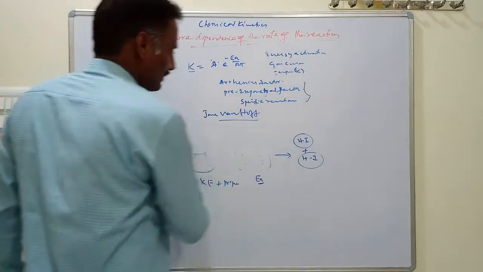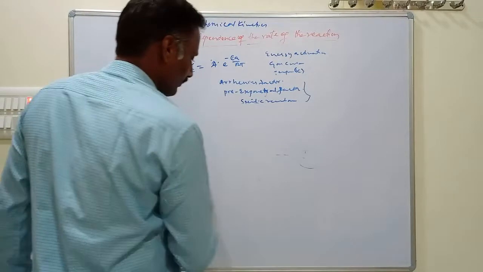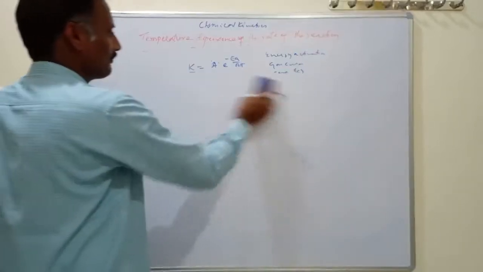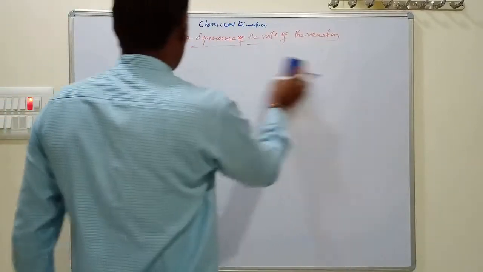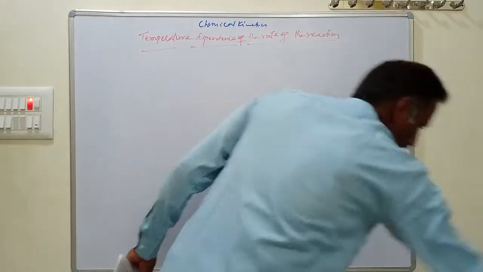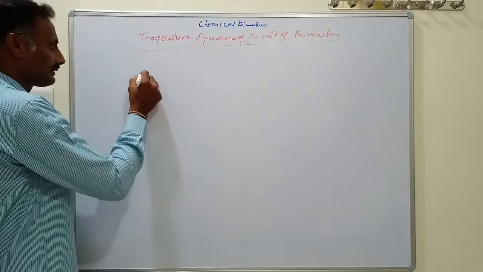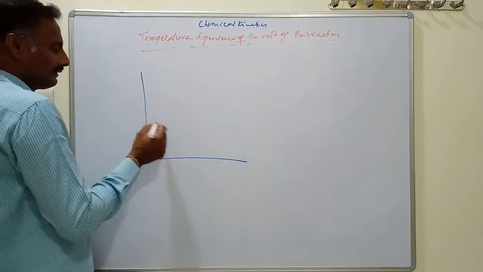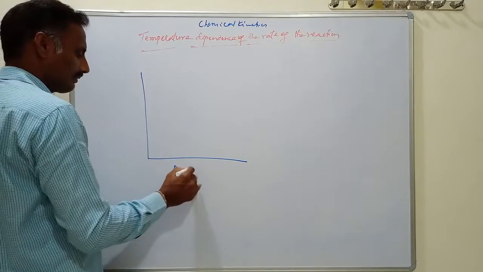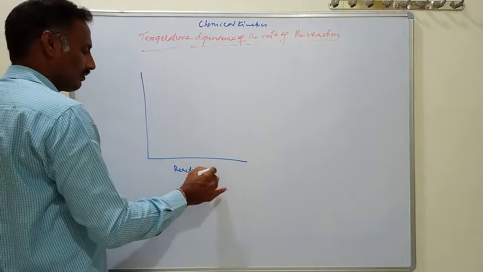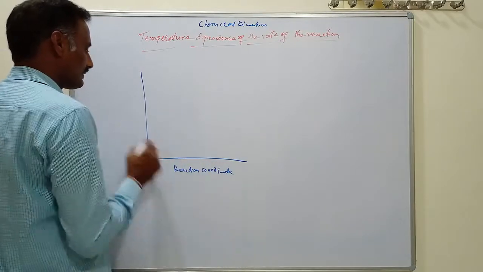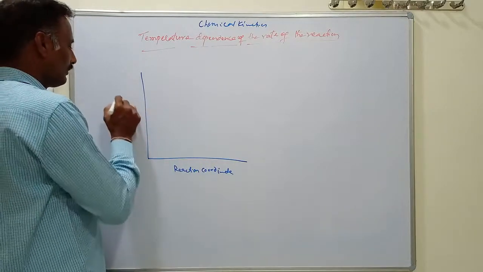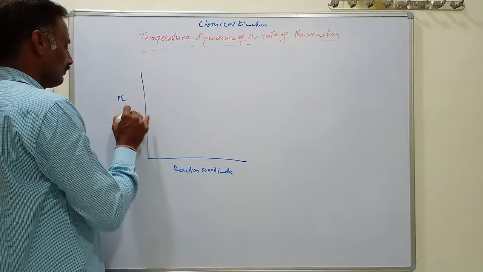By using this concept, we have one graph, potential energy versus reaction coordinate. How do you draw this? This is the reaction coordinate, and this is the potential energy.